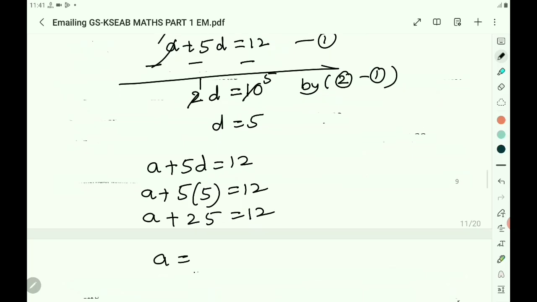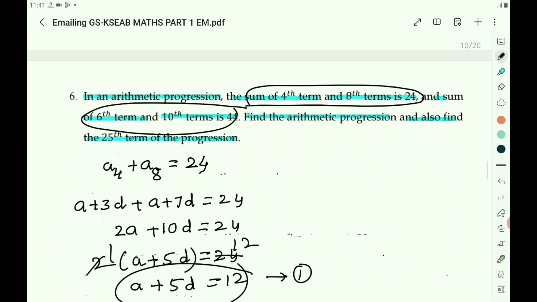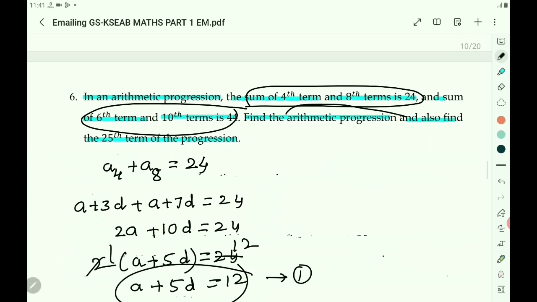Then a equals 12 minus 25 equals minus 13. Then here you got a value and d value, and we have to find out the progression and also the 25th term.